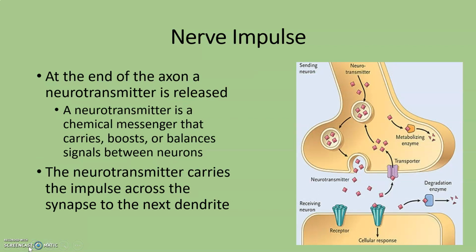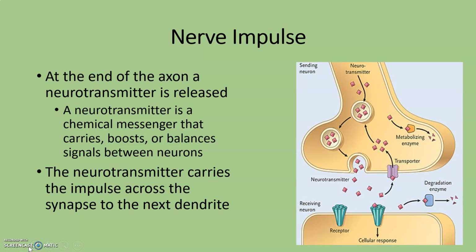At the end of the axon, which is that axon terminal, a neurotransmitter is released. And a neurotransmitter is a chemical messenger. It carries, boosts, or balances that signal or impulse between neurons.